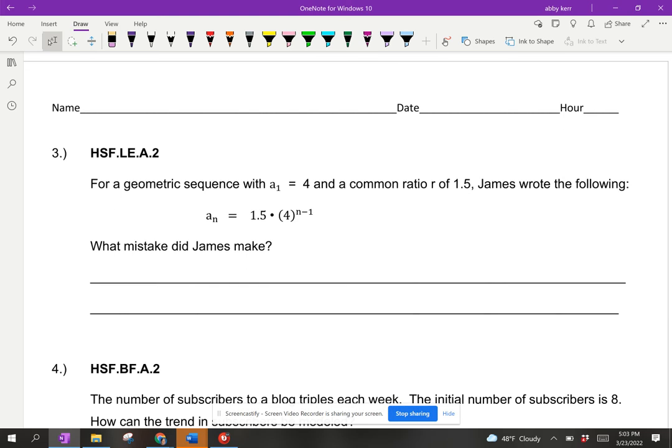All right, for number 3, James, what he did, he switched them. The A sub 1 should go in here, and the 1.5 should be holding up the n minus 1.